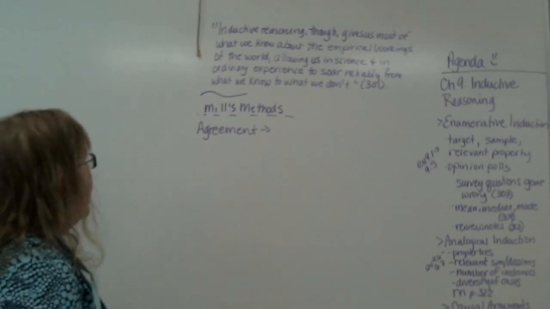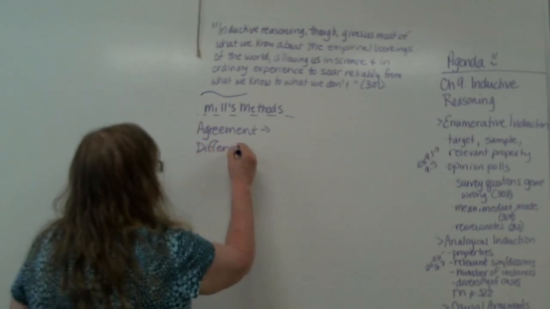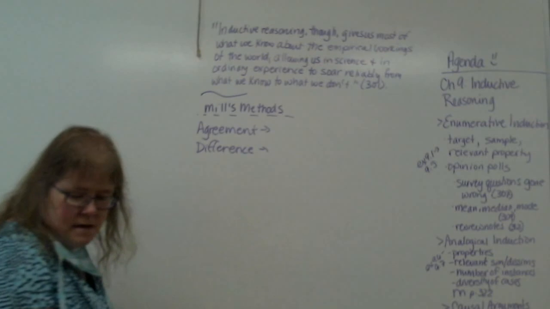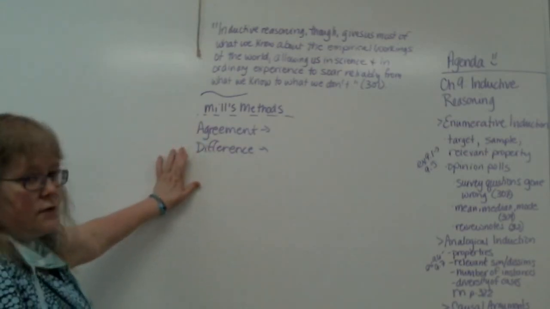Okay? And then we have one that is difference. Basically, on 328, it says that the relevant factor present when a phenomenon occurs and absent when the phenomenon does not occur likely is the cause. Now, this doesn't sound a whole lot different there, right?